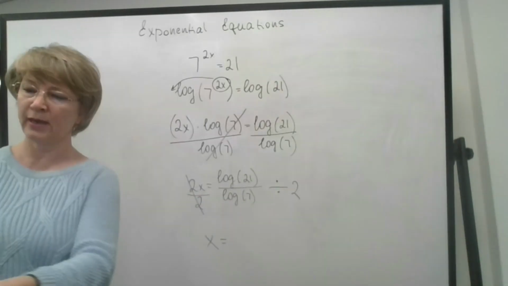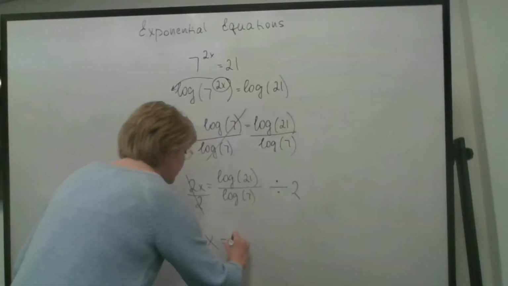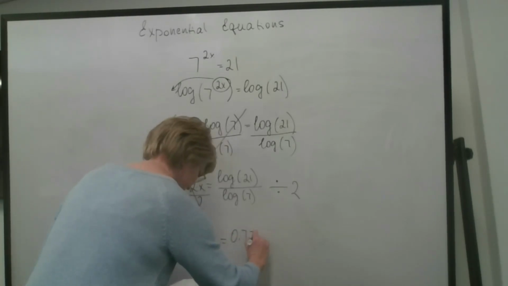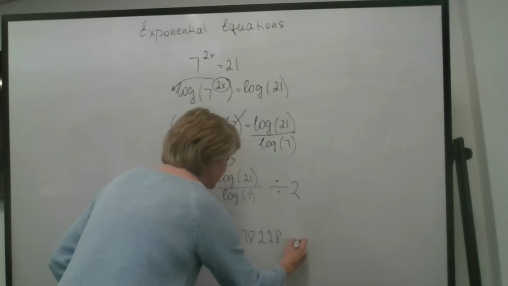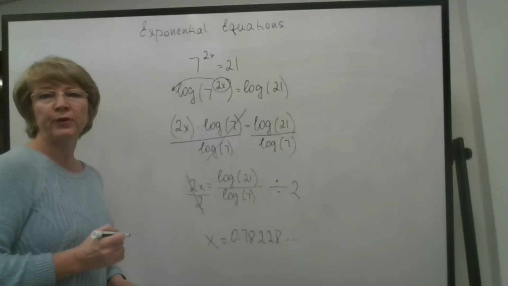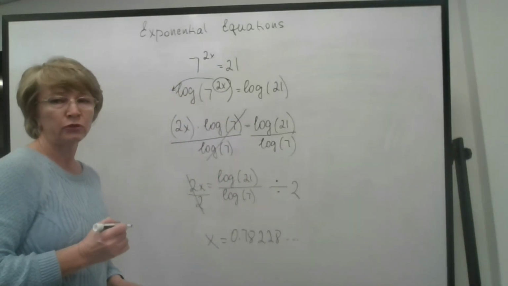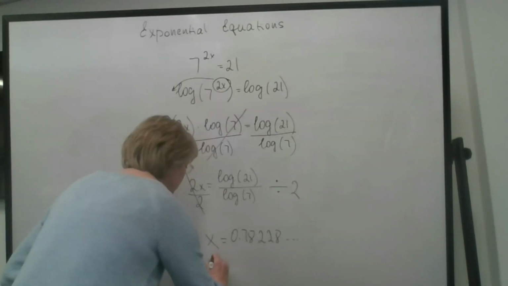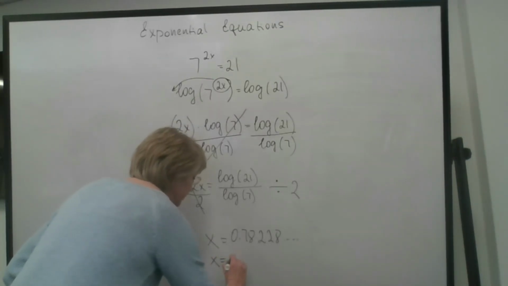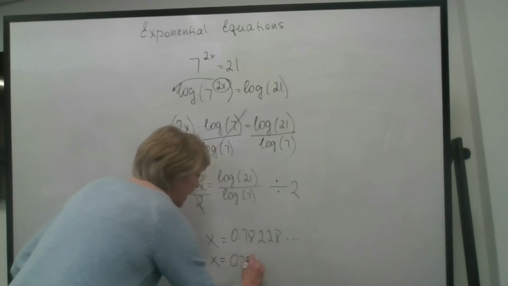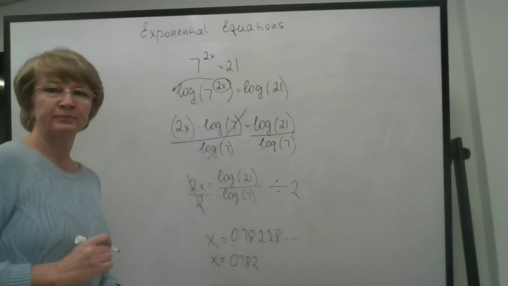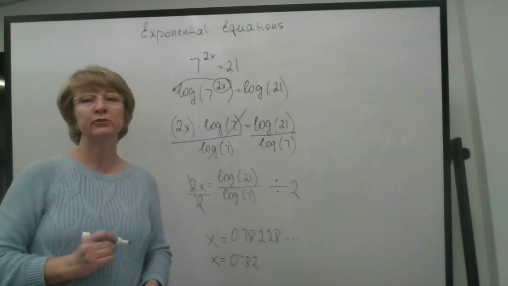And your final answer will be 0.78228, and it will continue. And we agreed that we will round your answer to 3 decimal places. So the final answer will be x equal to 0.782. Now it's your turn to do your homework.